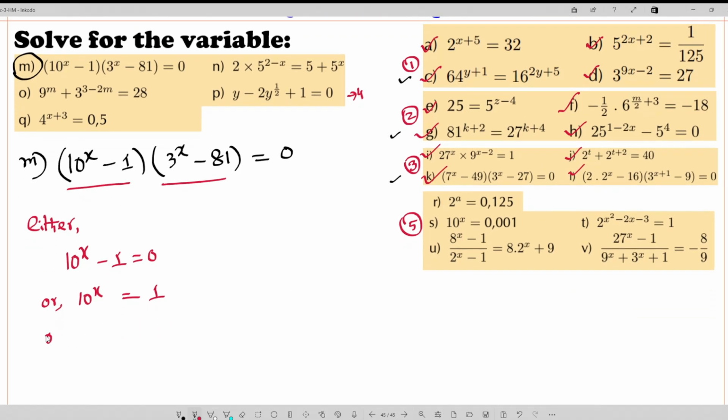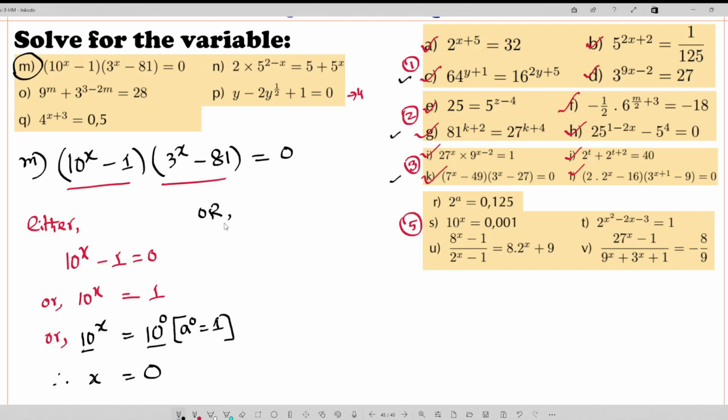Here is 10 to the power x and on the other side 1, but what will be the result of x? In this case, usually we write 10 to the power 0, because we know a to the power 0 equals 1. So here the bases are the same, therefore x equals 0.